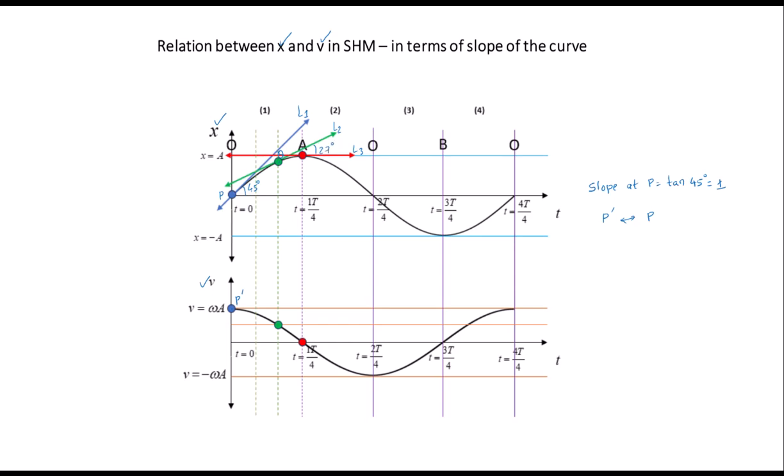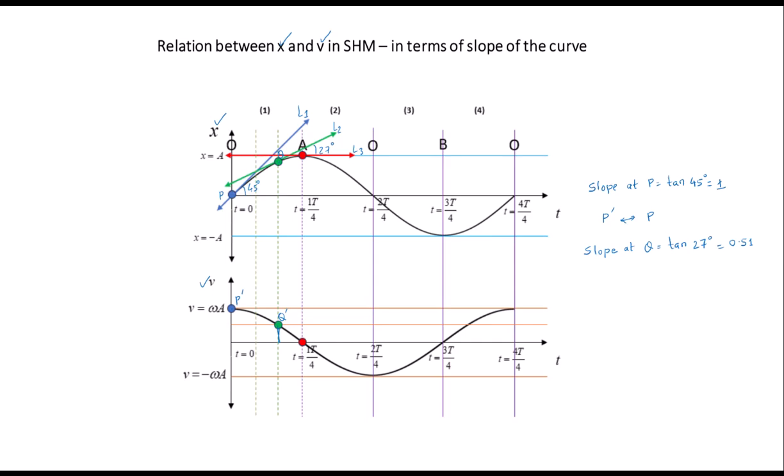The slope of the tangent at the point Q will be equal to tan 27 degree, which is found to be roughly 0.51. And if I see the similar point on the velocity time graph, maybe I can call it Q dash, and if I measure this length, I see that this is indeed roughly 0.51.